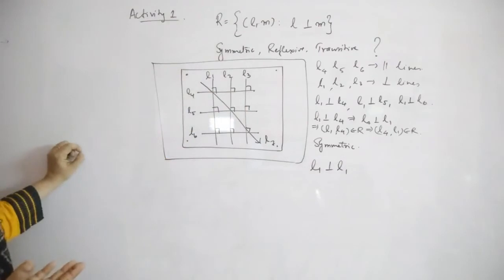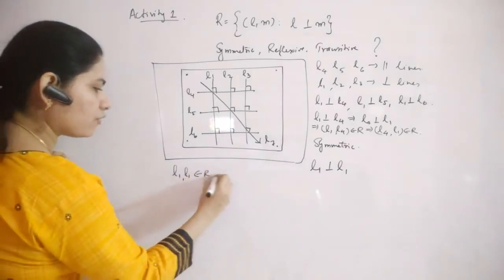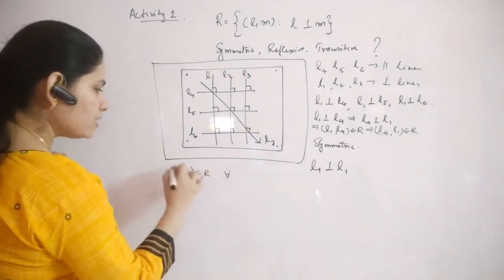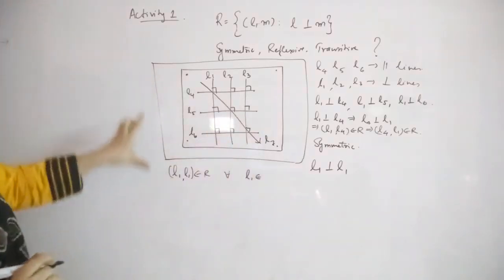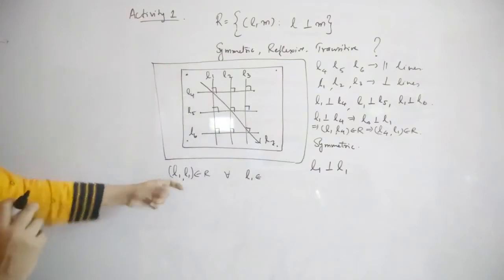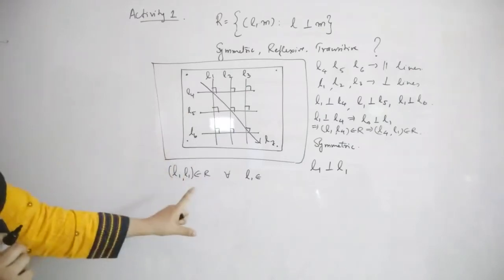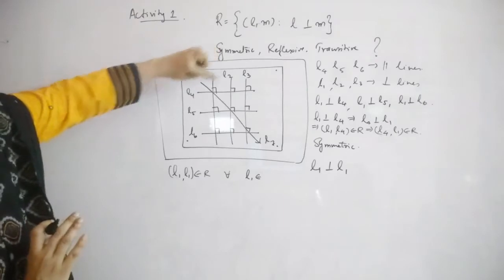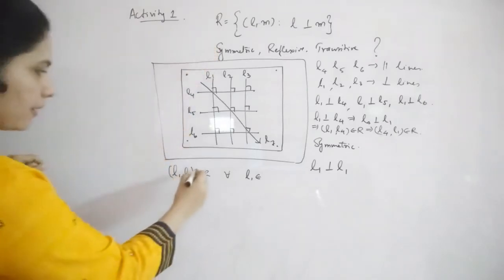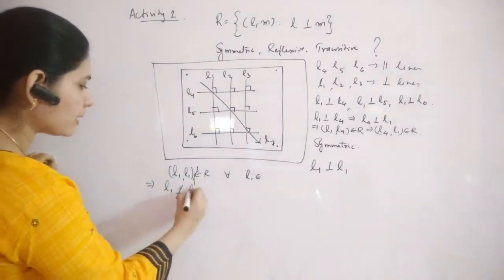Is any line perpendicular to itself? No, right? For reflexivity we need L1, L1 belongs to R for all L1 in whatever set you are taking. So in the set of lines, a particular ordered pair L1, L1 should belong to R for all of them. But if you take L1 or L2, anything, the pair will not belong to R. Why? Because a line is not perpendicular to itself.